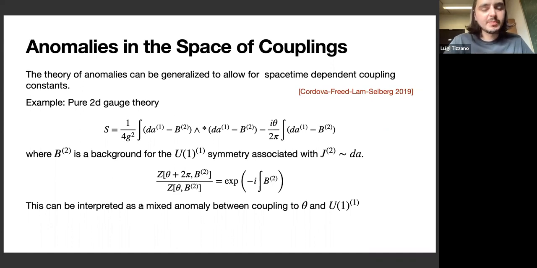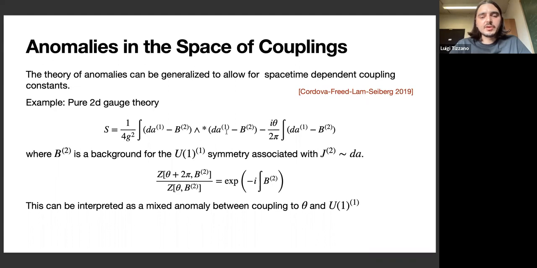So consider a 2-dimensional pure gauge theory. This theory will have the standard kinetic term dA1, but we couple this kinetic term covariantly to a two-form gauge field B2 that is associated to a U1 one-form symmetry with the two-form current dA.